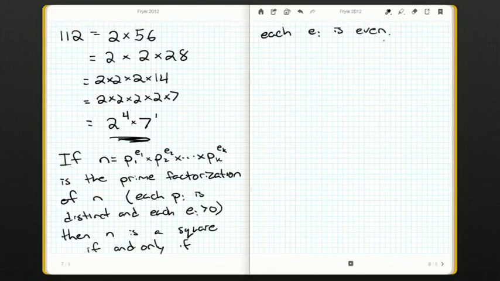Alright, so if we're looking at a prime factorization, we get that the number that we're looking at is a square if and only if each of the exponents is even. Okay?